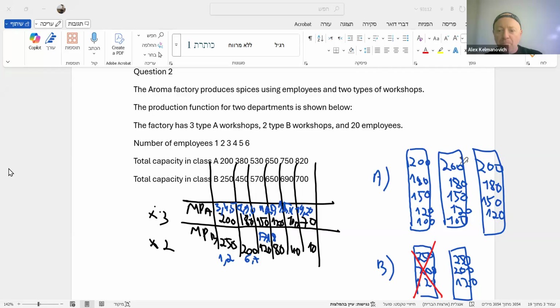So where do I put them? What are the best places now? 100, 80 and 70. Right. I have one place of 100. After that, what is the best place now? It's 80.